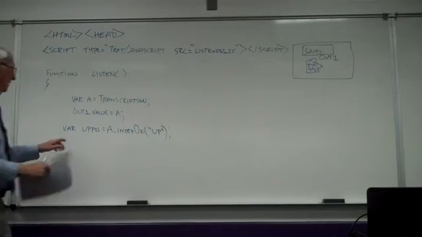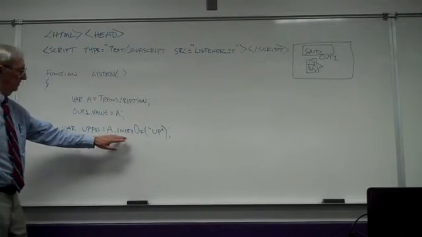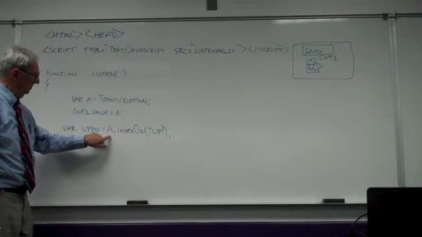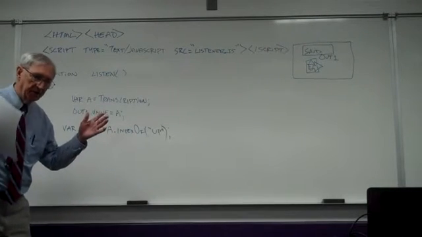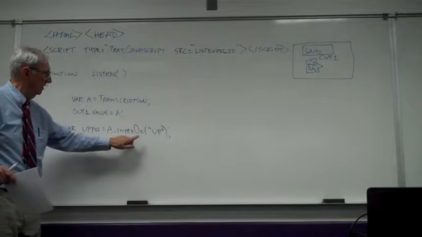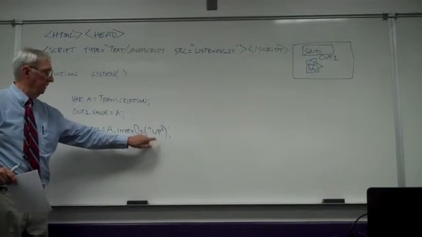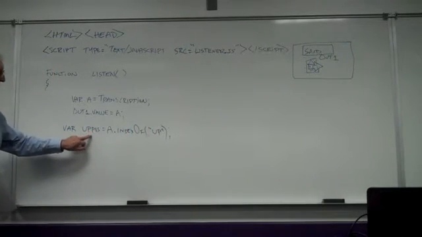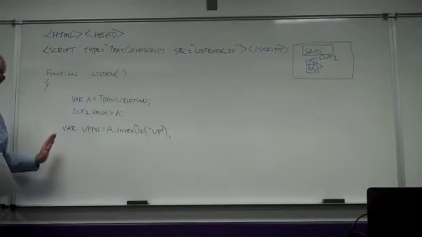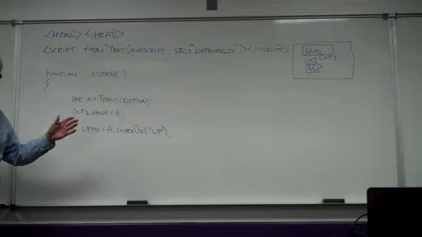Now, here's what this line does. One more time. The index of goes into A, this thing right here, which is the line it's going to look in. It's going to see if it can find the word up. If it finds the word up, what it returns is what character it found it at. The 0 character, the first, the second, third, fourth? Where in that line A did it find it?